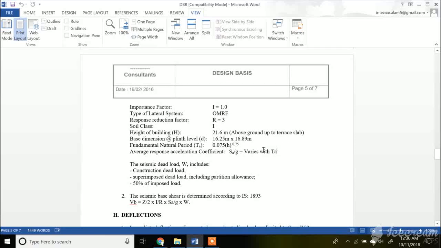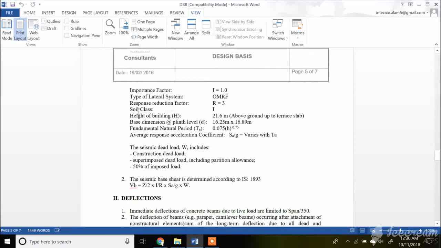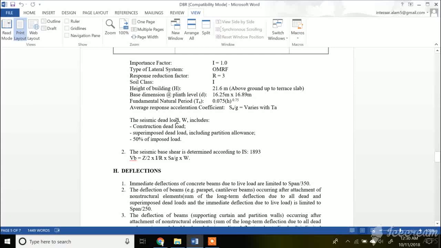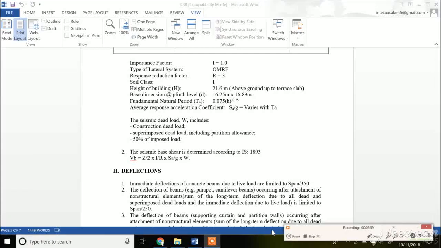Regarding this, I have already uploaded a video on seismic weight calculation using both static as well as dynamic methods. The seismic load is calculated based on your dead load, but some part of your imposed load, that is live load, is also considered while calculating your seismic load.